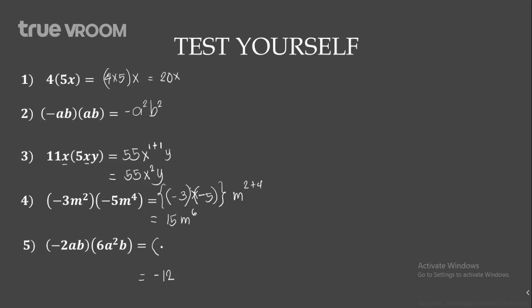How did you get negative 12? This is negative 2 times 6. Next, for A, what is the exponent of A here? 1 plus 2, so that is A raised to 3.